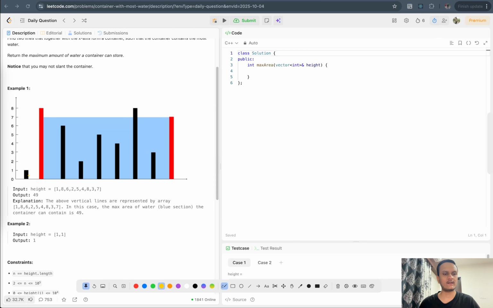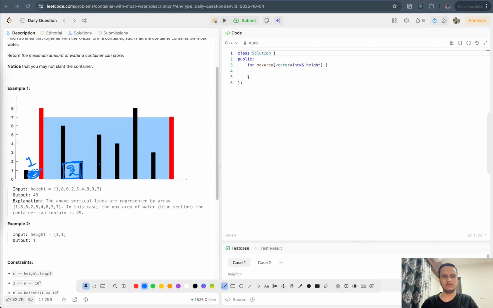So there is one more container, that is this small container. Let me change the color here. Okay, if you see, there is one more container here which can hold 1 unit of water, but we are not considering this because we have seen this bigger container. There are two containers basically, small container, bigger container, and you can draw multiple containers here. Like you can say this is the container between these two walls, but it holds only 1 cross 2, so 2 units of water.